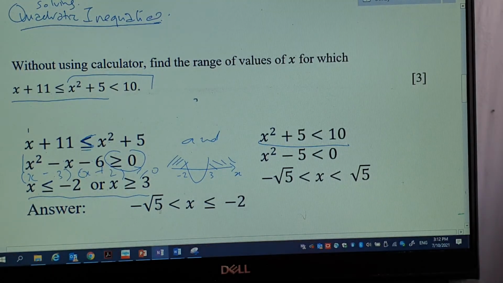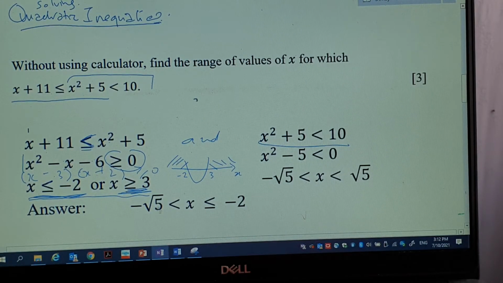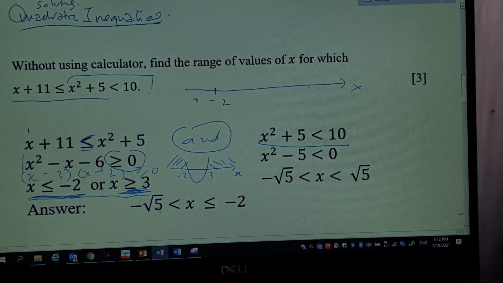So x is less than or equal to minus 2, or x greater than or equal to 3. Then, if I were to draw a number line for this, because later I need to combine with the one on the right, I need to put here minus 2, put here 3.